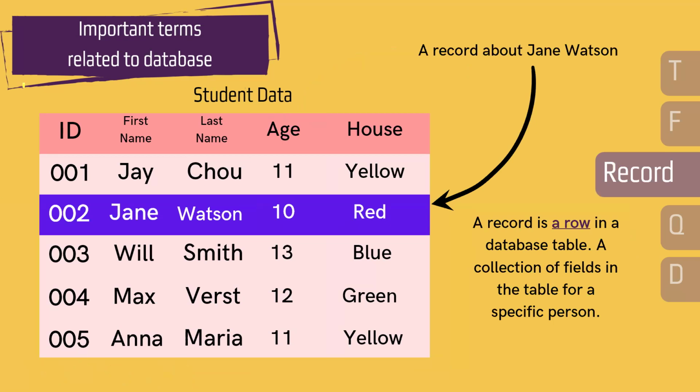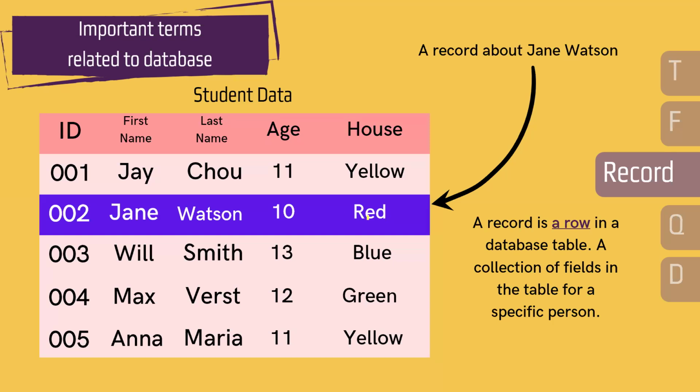In this case, we have level 02, Jane Watson, age 10, with the yellow house and whatever the school is. This data can vary according to the database you have, but it is important for us to understand this if we wanted to find out which house Jane Watson, or Jane only, belongs to.